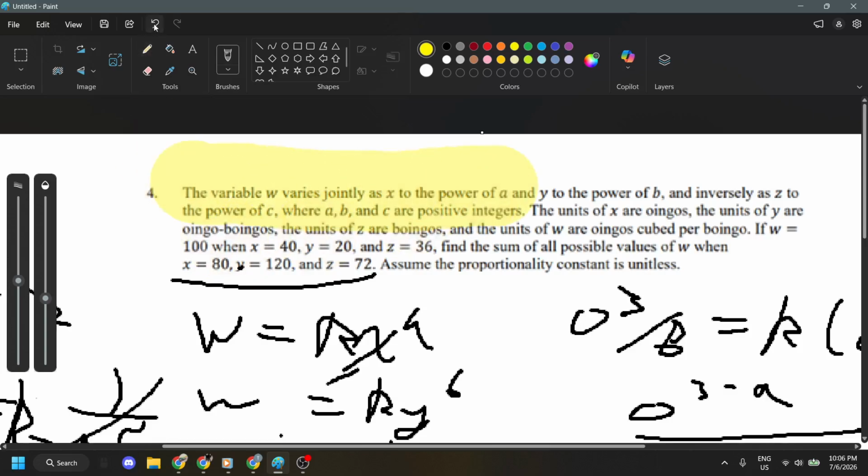This makes sense. Oh, wrong thing. This makes sense. This makes sense.